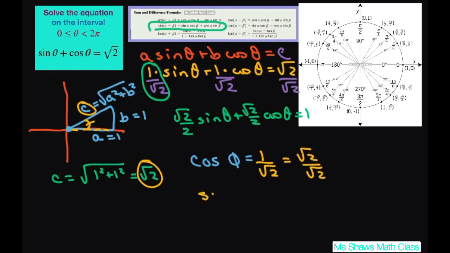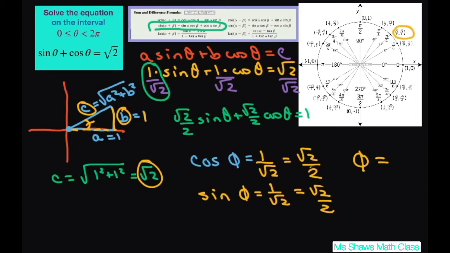And your sine of phi equals your opposite, which is your B, and that's going to be 1 divided by square root of 2. So that also equals square root of 2 divided by 2. All right. That means this angle equals pi divided by 4.